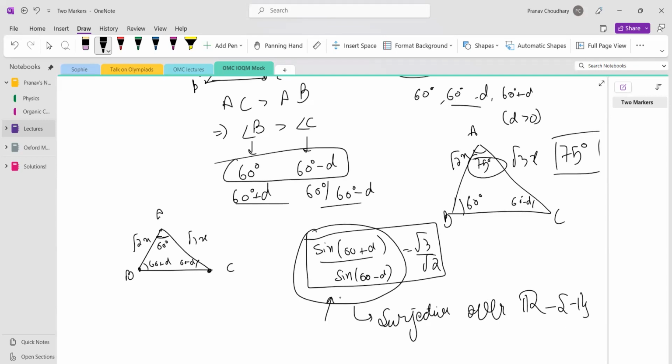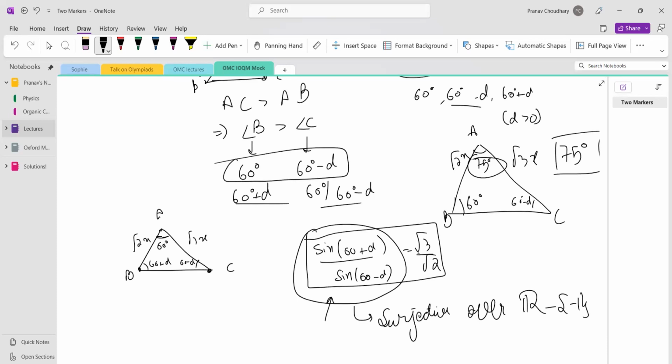So basically, this thing can take any real value except minus 1. So there must exist some D for which sine of 60 plus D over sine of 60 minus D is root 3 by root 2.